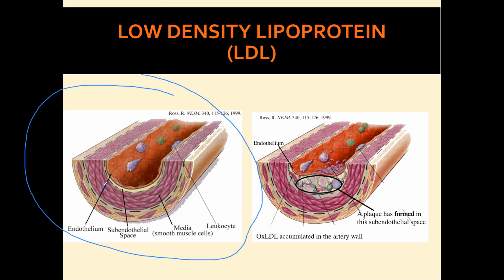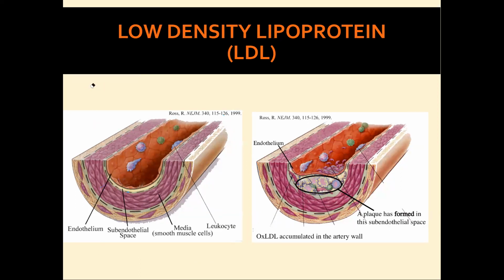Just deep to this layer of the endothelium, you see a light yellow tint called the subendothelial space. And it's the subendothelial space where heart disease, also known as arteriosclerosis, actually occurs. It is in this space that the arteriosclerotic plaque develops.